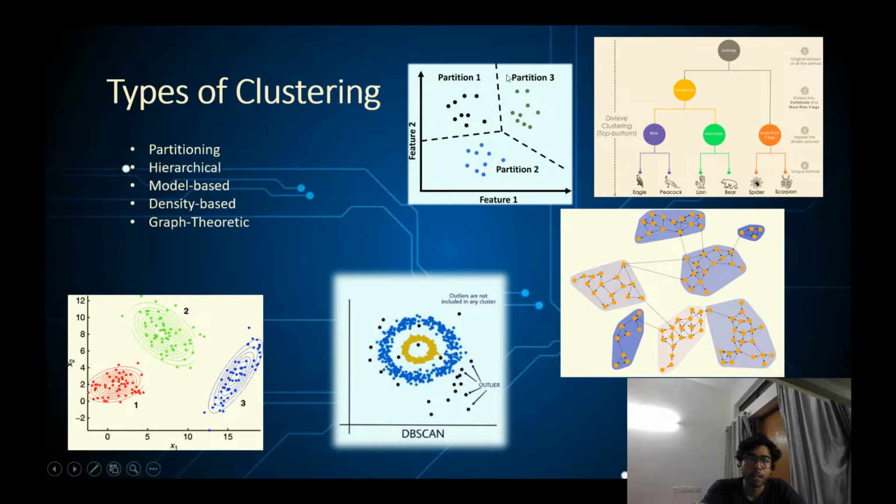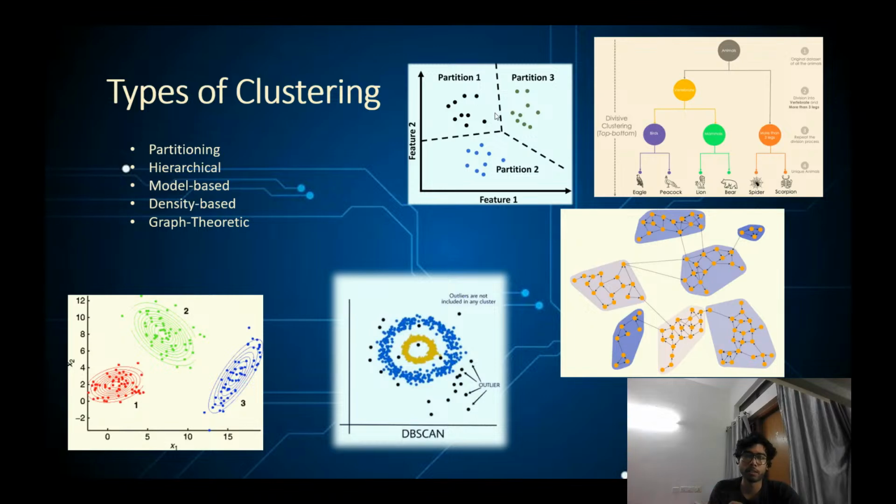Okay, so partitioning is basically the simplest way you can cluster things, right? For example, if you have this data, you can visually see that this can be partitioned into three different clusters, right? So in partitioning, you don't have any outliers, and any point has to be in one cluster or another, right?